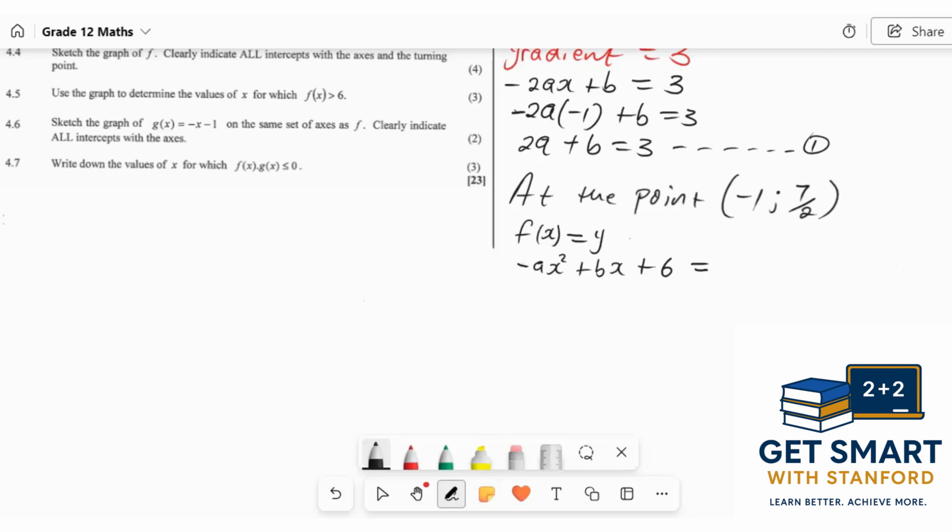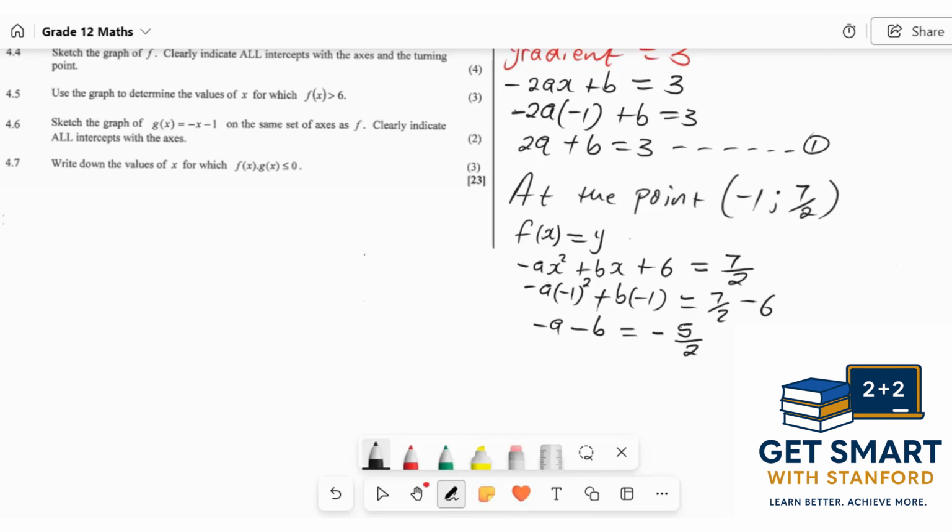It's equal to the y value, which is 7 over 2. So f of minus 1, we substitute minus 1: minus a into minus 1 squared, minus b, plus 6, equals 7 over 2. So minus a minus b equals 7 over 2 minus 6, and 7 minus 6 over 2 is going to give us minus 5 over 2.